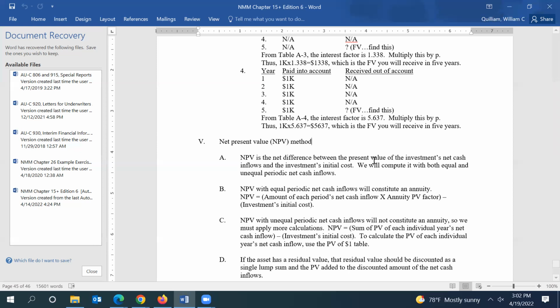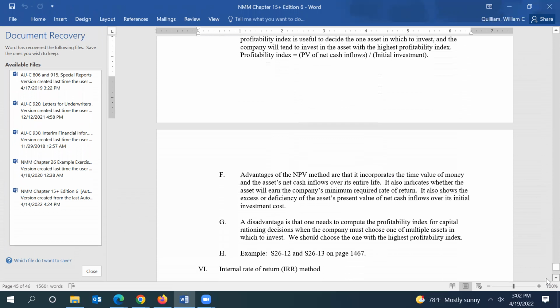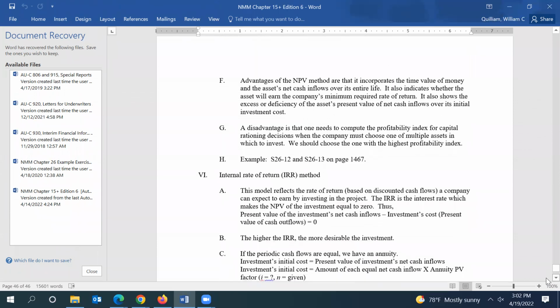So we'll have the net present value method, and we're going to have, after that, the internal rate of return method. So that'll take care of this chapter. And then after that, I have just a little bit to say about accounting information systems. It is not even a whole chapter. So then we will have covered all the material for this class. So we're almost done.